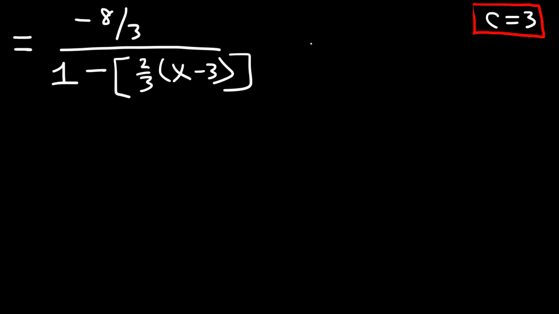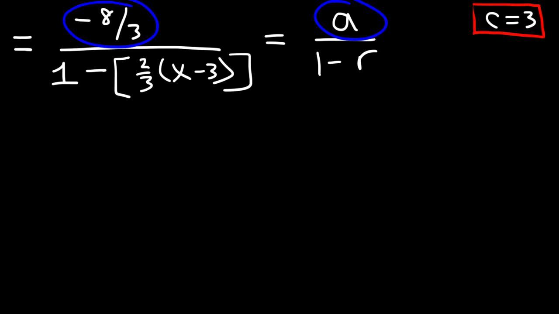So as you can see, it's now in the appropriate form. So we can clearly see that a, the first term, is negative 8 over 3. And the common ratio is everything inside the brackets, 2/3 times x minus 3.